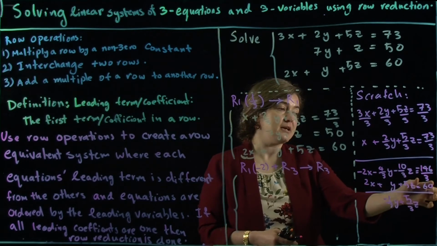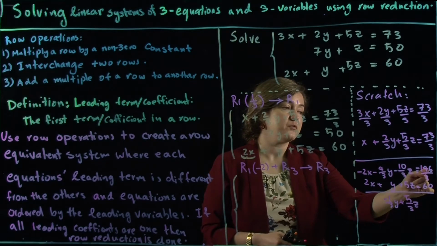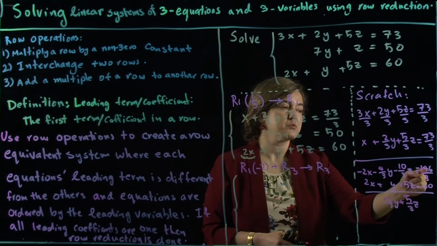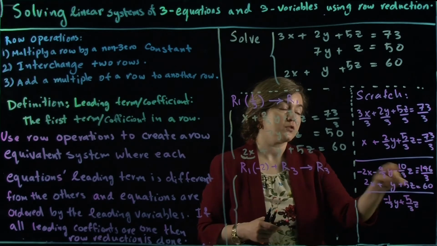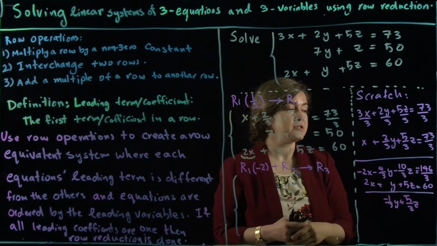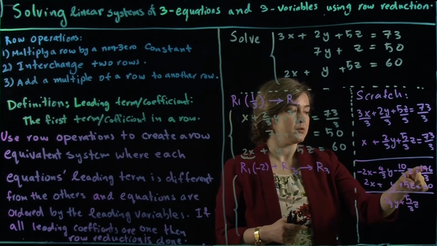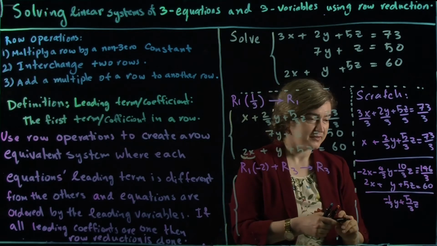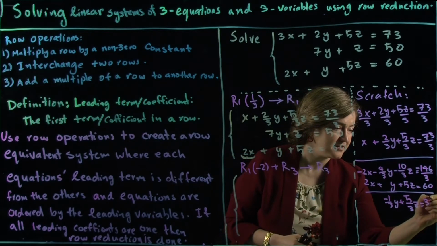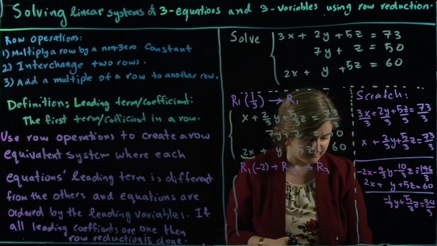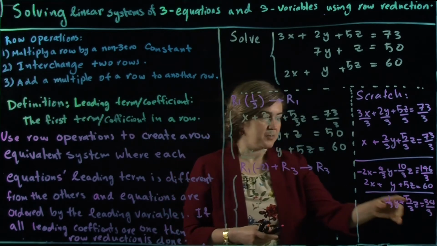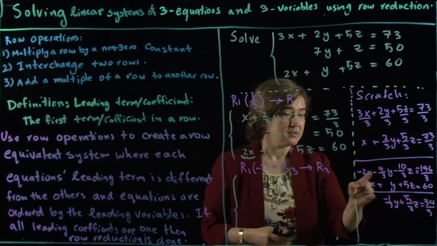And then on this side is 60 minus 146 over 3. That is 180 minus 146 all over 3. 180 minus 146 is going to be 34, so 34 divided by 3.